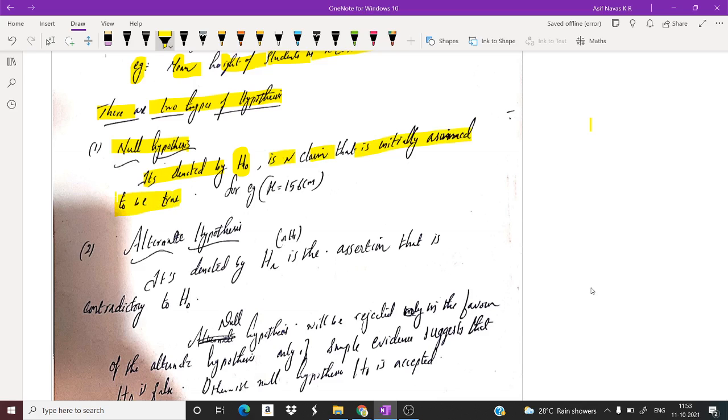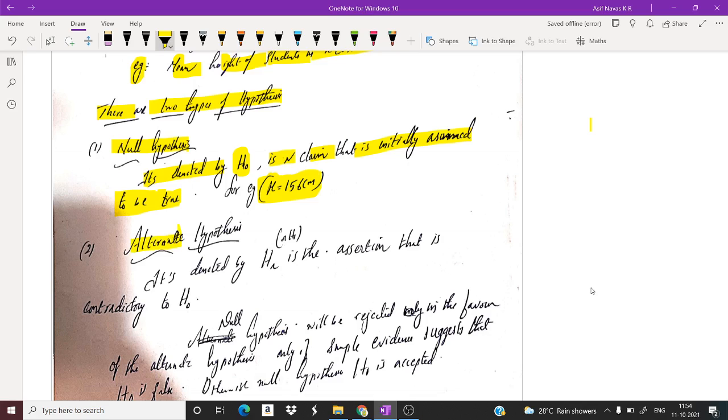That is the initial assumption about the population. Our assumption here is that the mean height of the students in a college is 156 centimeters. This is the initial assumption about the population, about the height of the students in the college. So this hypothesis is called the null hypothesis.